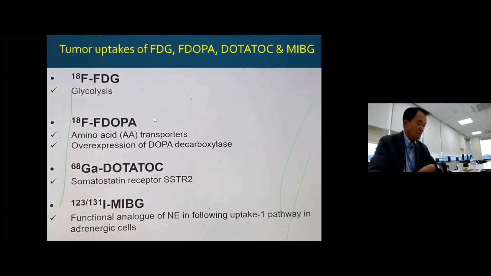So for imaging, we use various agents like this. FDG, as you know, is related to glucose transporter 1, hexokinase 2, and certain enzymes.